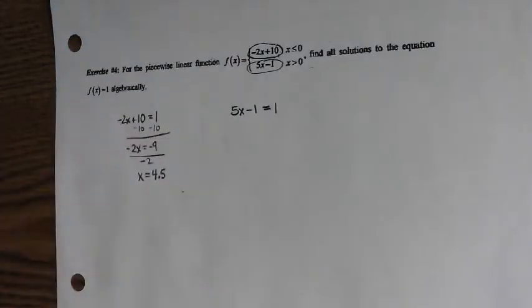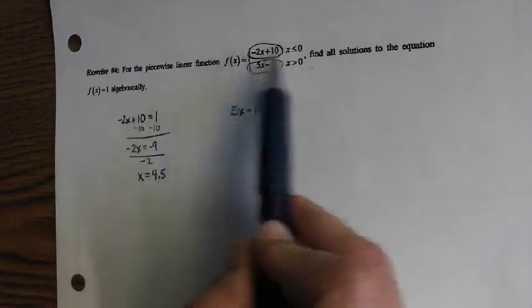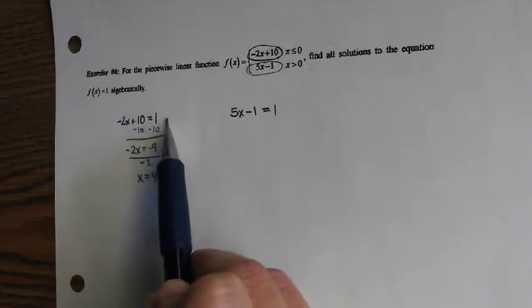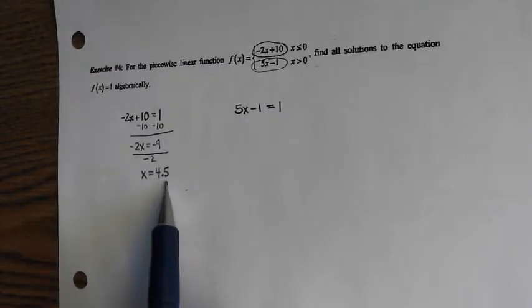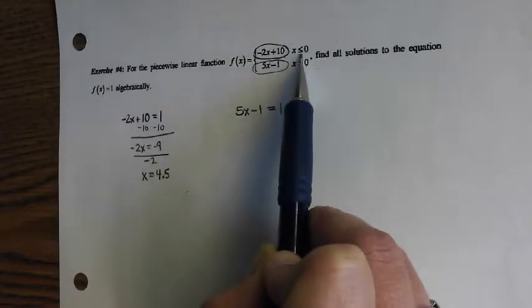And I'm going to stop after we solve this one, because there's a thought process that I can't really document that has to occur here. There's no real work that I can show, so you all need to listen very carefully. This particular function, the first piece, will equal 1 at an x value of 4.5. Does this graph even exist when x is 4.5?